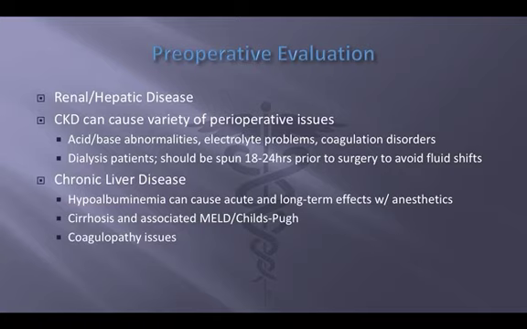If you have cirrhosis and you're a Child-Pugh A, B, or C, or you have a MELD score that's greater than a certain amount, these are associated with significant operative risk, and you can cause some serious coagulopathy issues depending on how severe your cirrhosis is, or your underlying chronic liver disease from whatever reason it may be, and that needs to be addressed preoperatively as well.